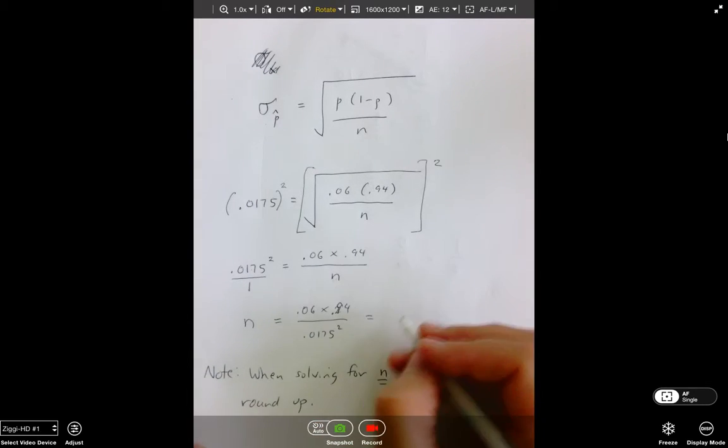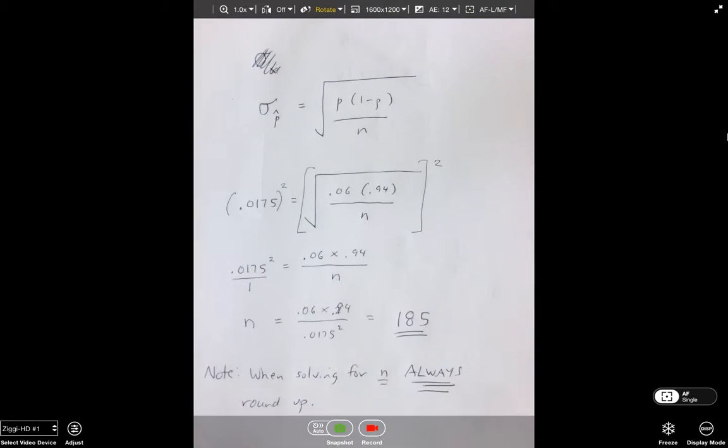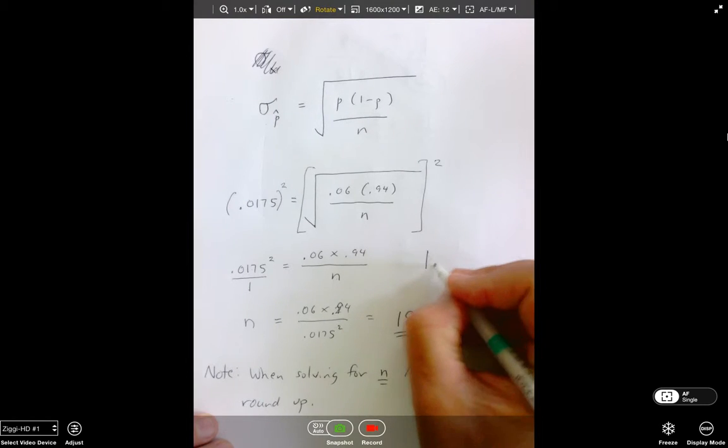So guys, our sample size here would be 185. So we would need a sample size of 185 to get a standard error of 0.0175 or 1.75%.